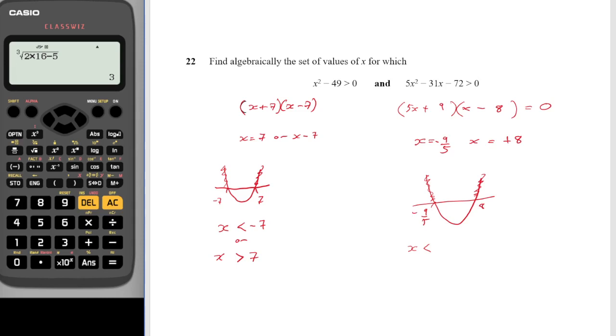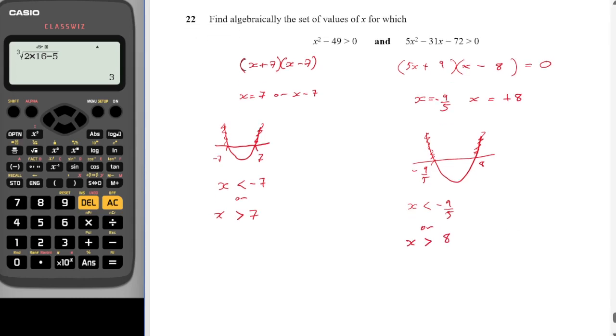So x either has to be less than minus 9 over 5 or x has got to be greater than 8. So if I combine these, minus 9 over 5 is going to be minus 1.8. So x has got to be less than minus 7, or x has got to be greater than 8.